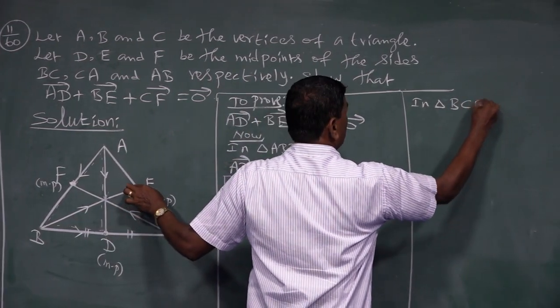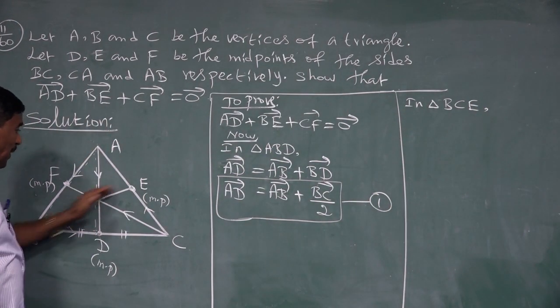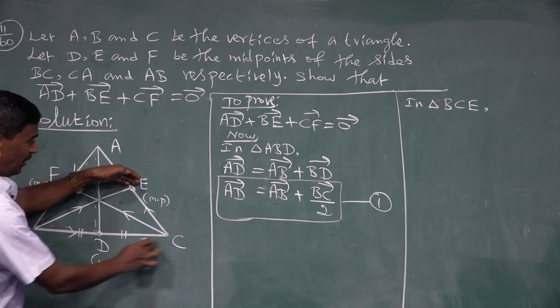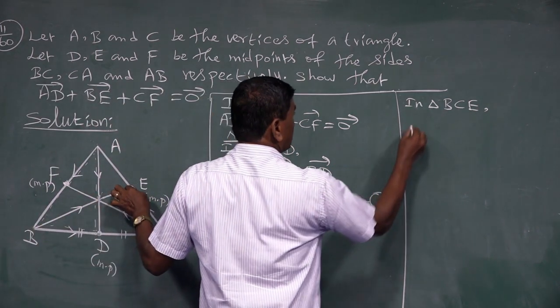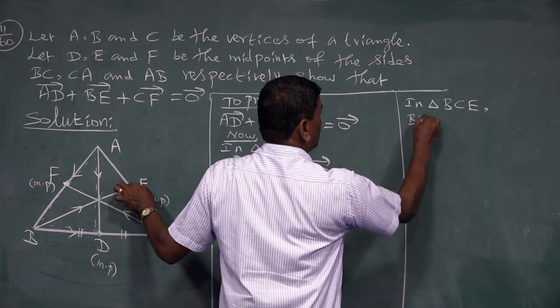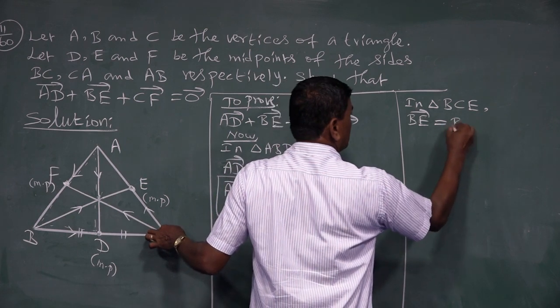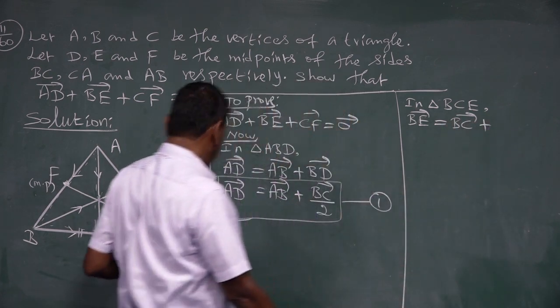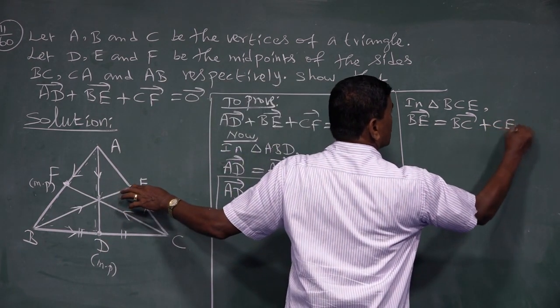In triangle BCE, BE vector is equal to BC vector plus CE vector.